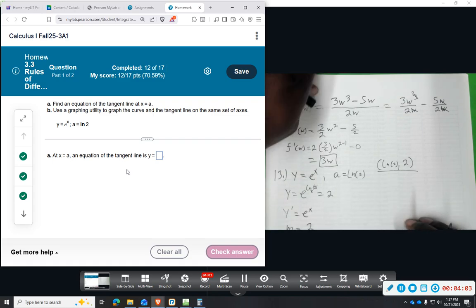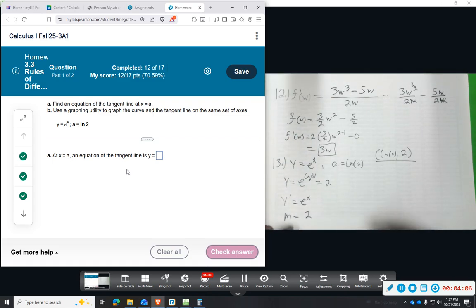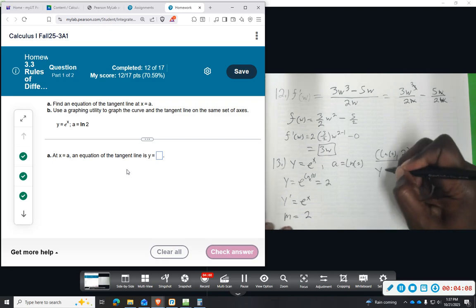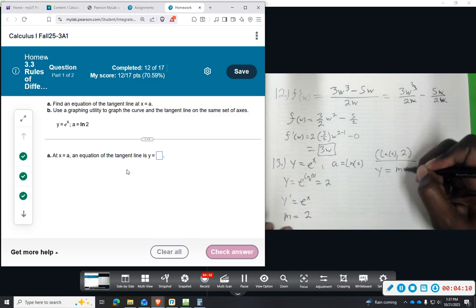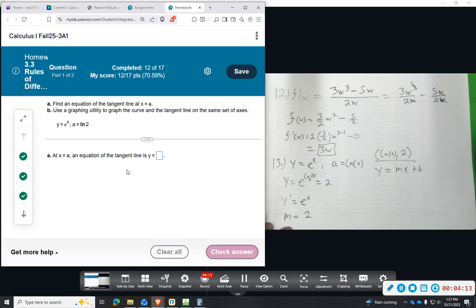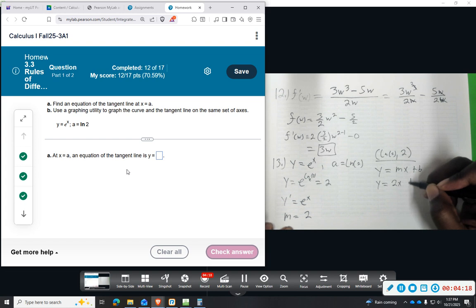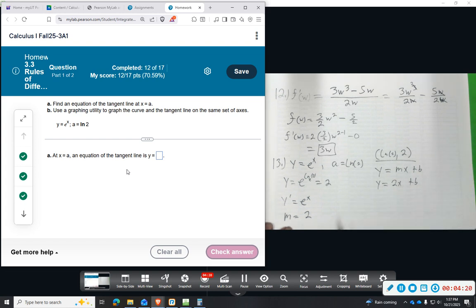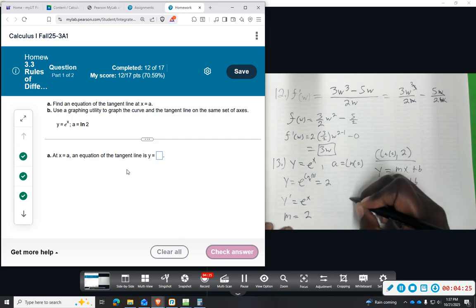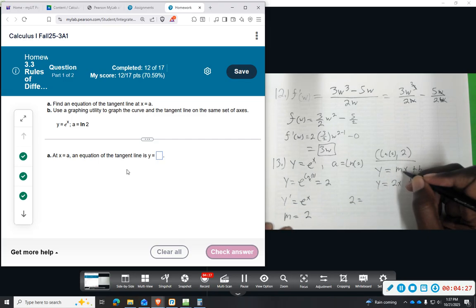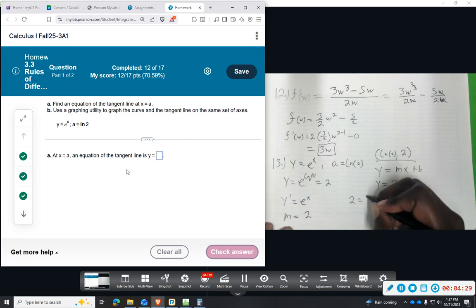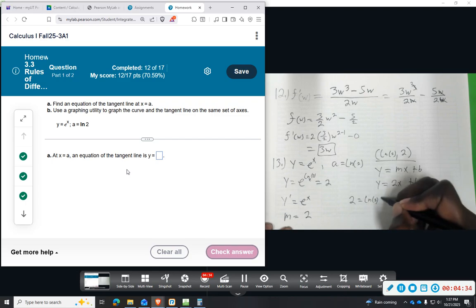I'm kind of running out of room here. So the slope of our tangent line is equal to 2. So we have y equals mx plus b, and so y equals 2x plus b. We just need to figure out what b is. So if we plug in 2 for our y value, our x value is ln of 2 times our slope, which is 2, plus b.